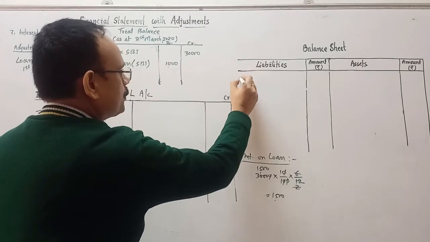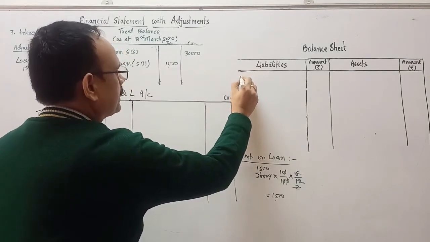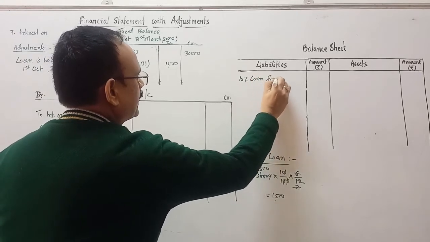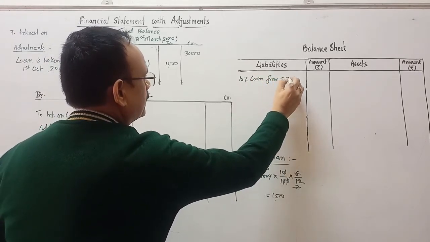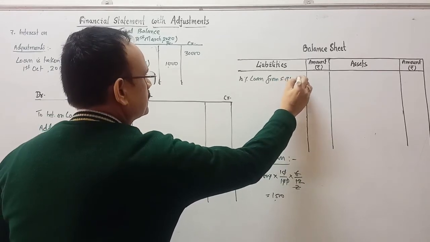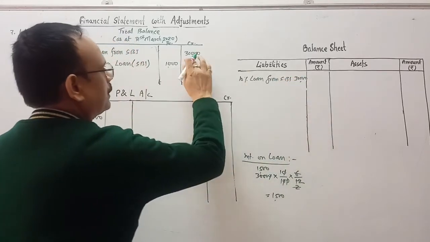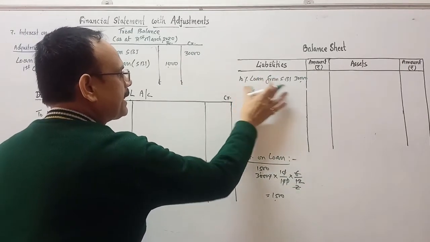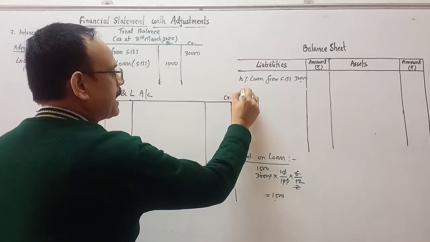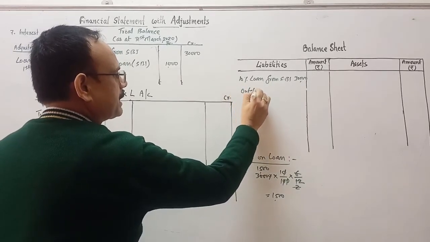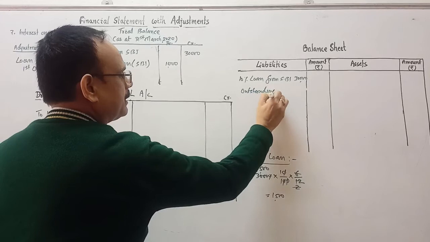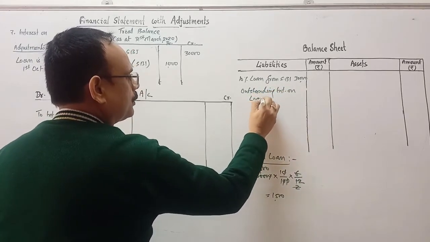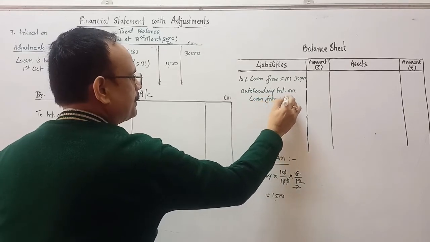In the balance sheet, what you will do, you write the 10% loan from SBI. In the inner column, you write 30,000. This is the loan amount. Add outstanding interest. You may add it or you write it separately, outstanding interest on loan from SBI.